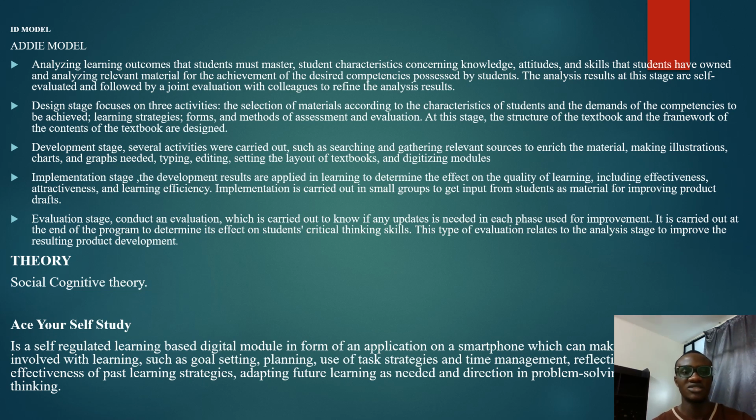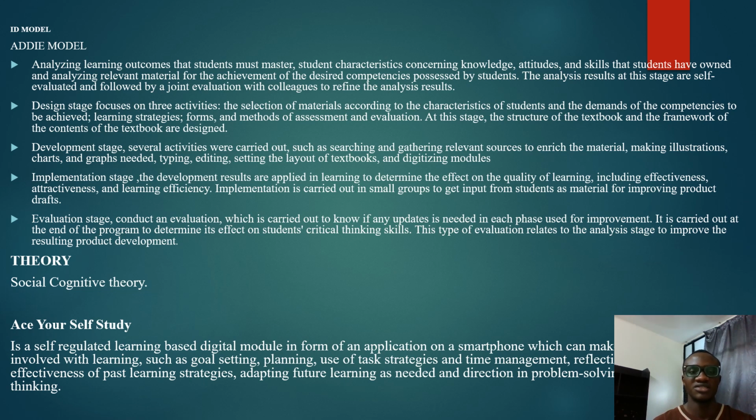In the development stage, several activities were carried out, such as searching and gathering relevant sources to enrich the material to be designed, making illustrations, charts and graphs, typing, layout of the textbook, and digitizing the module so it can be accessed virtually by the students.